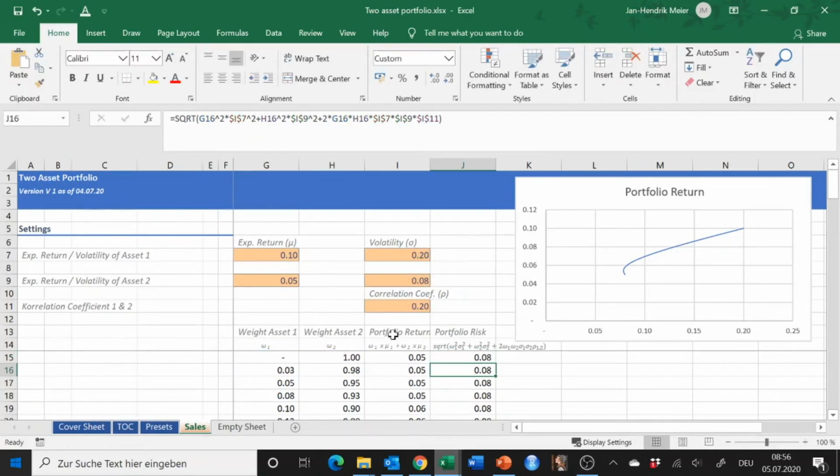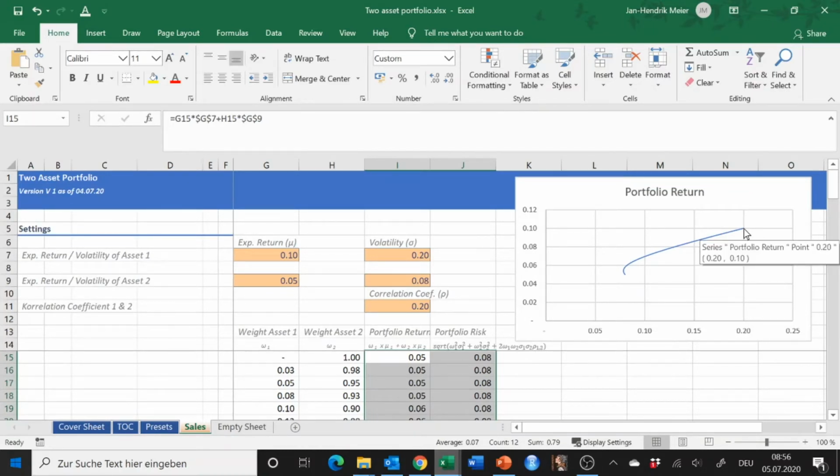Well, and this data now makes up this curve. So this curve reflects different portfolio combinations between those two assets. So this portfolio here consists only of asset 1.